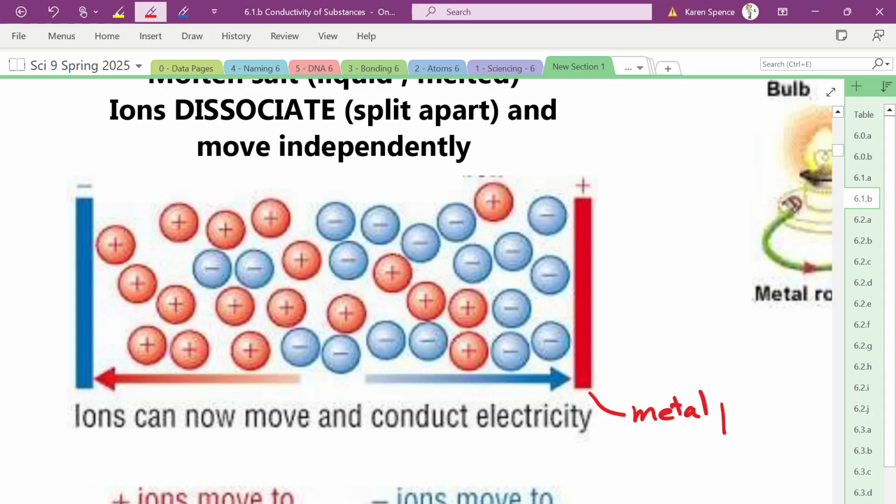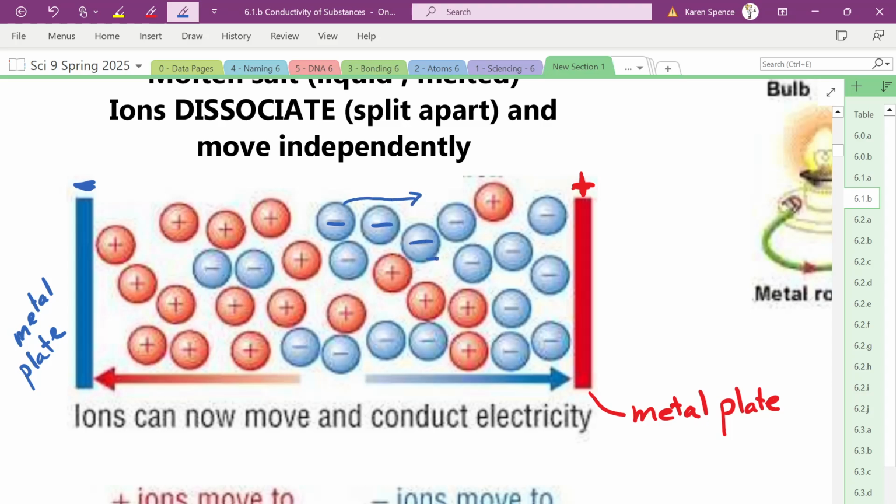And if you had a negative metal plate, the negative charges, and you can see the negative charges are the ones that are blue, which side would they move towards? They would move towards the right-hand side.